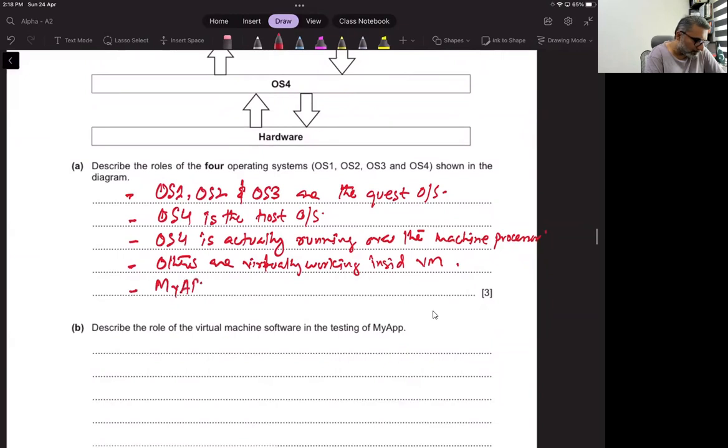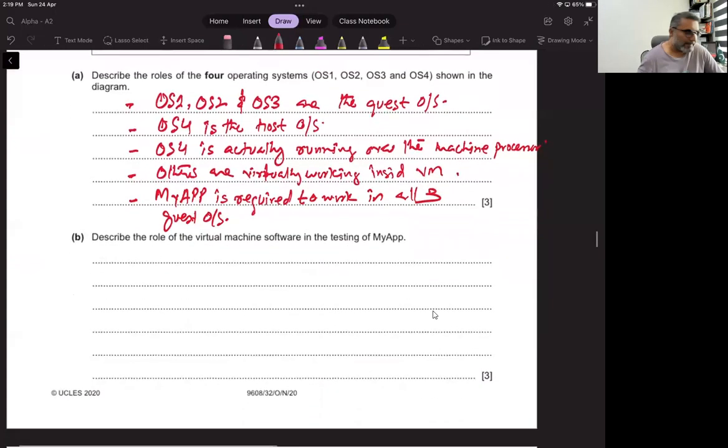My App is required to work in all three guest OSs. Describe the role of virtual machine software in the testing of My App.